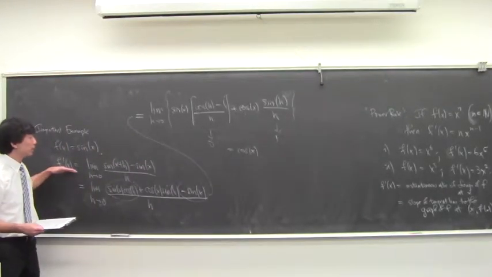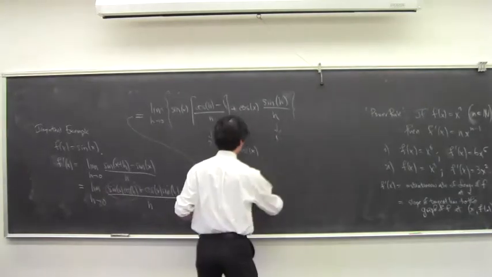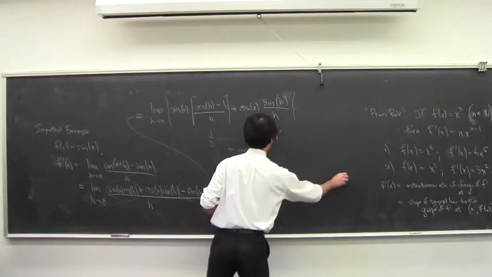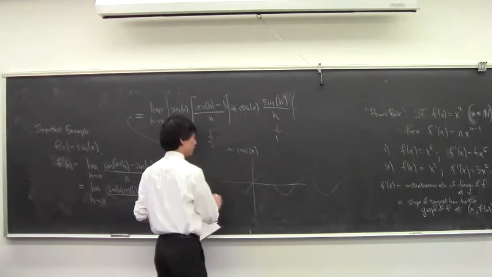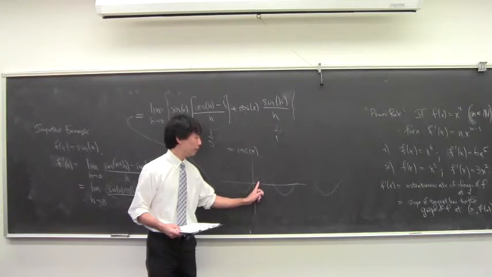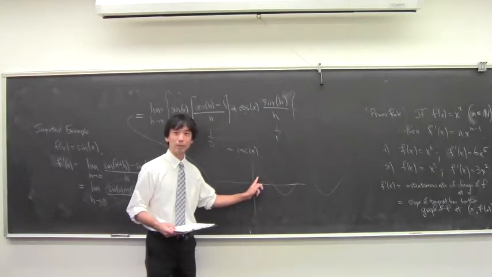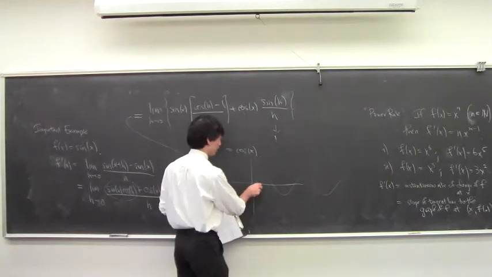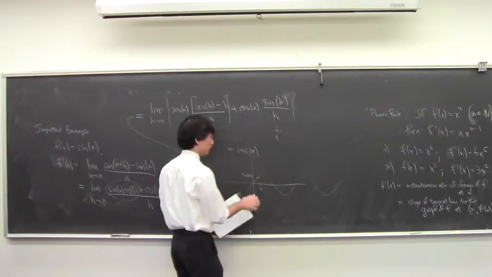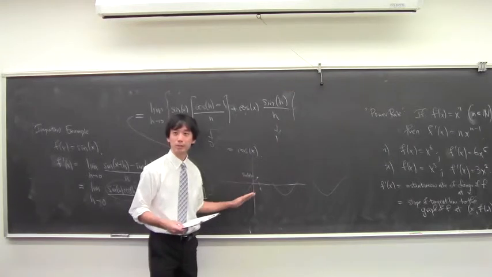So if you have the sine function, it's funny, right? If you're interested in the slopes of the sine function, the slope of the sine function is going to be cosine of that. So if this is x, the height is sine x, and the slope of that is going to be cosine x.